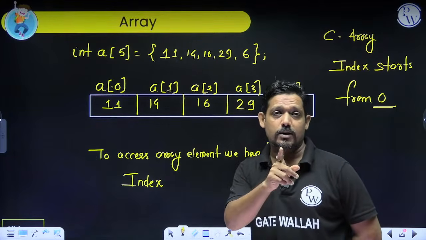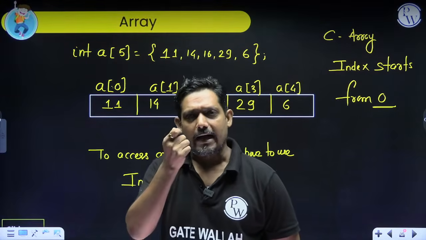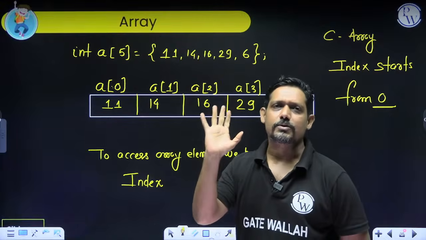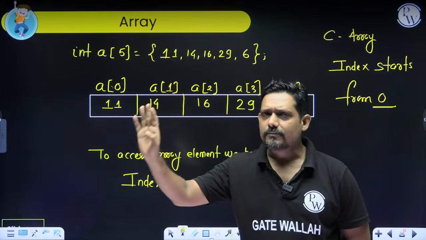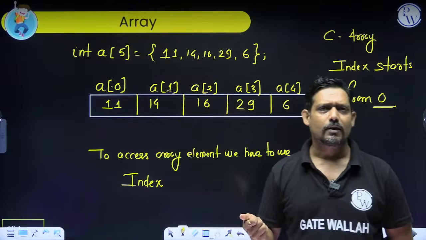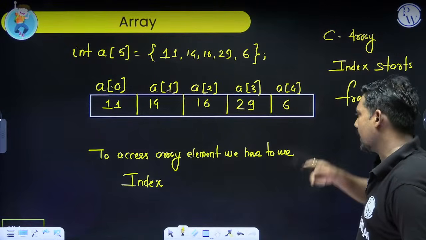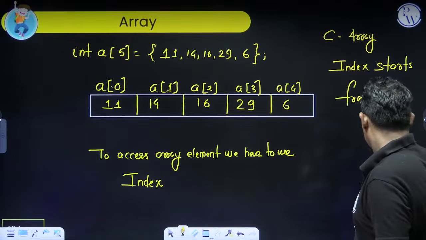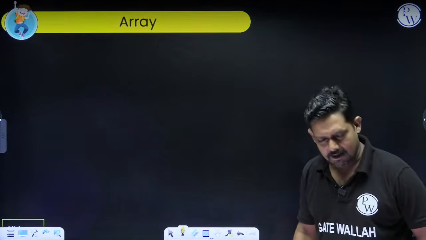When I first learned that the array index starts from 0, I found this concept very confusing: when everything starts from 1, 2, 3, why suddenly start with 0? We'll see the reason why it starts from 0. This is true for all programming languages. They start with 0 only.